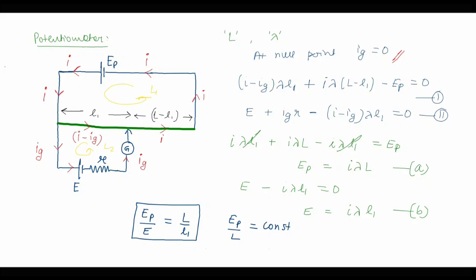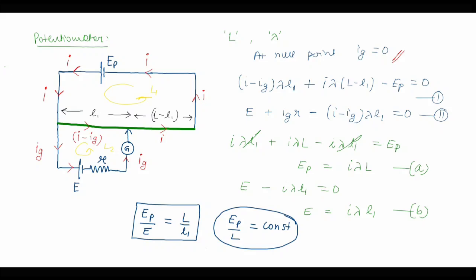That is, the potential gradient along the length of the potentiometer wire is constant. So we say that this is the working principle of the potentiometer, on which it is based.